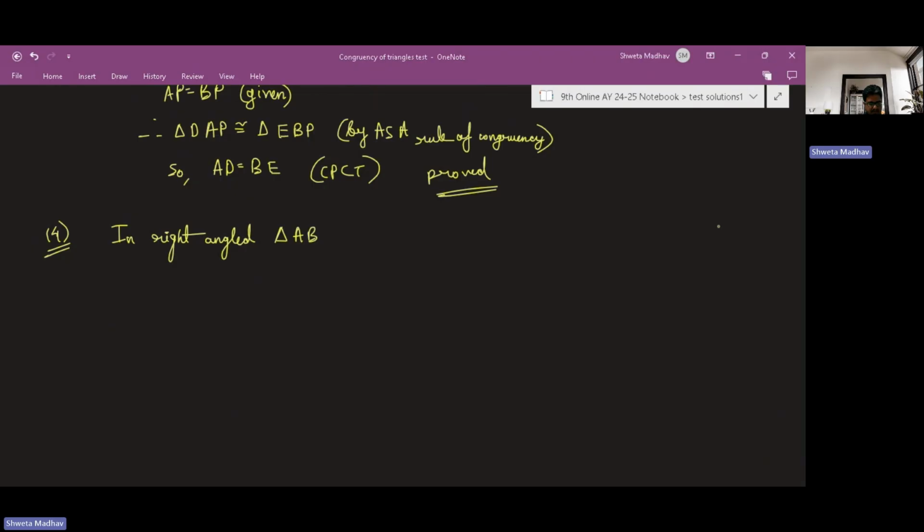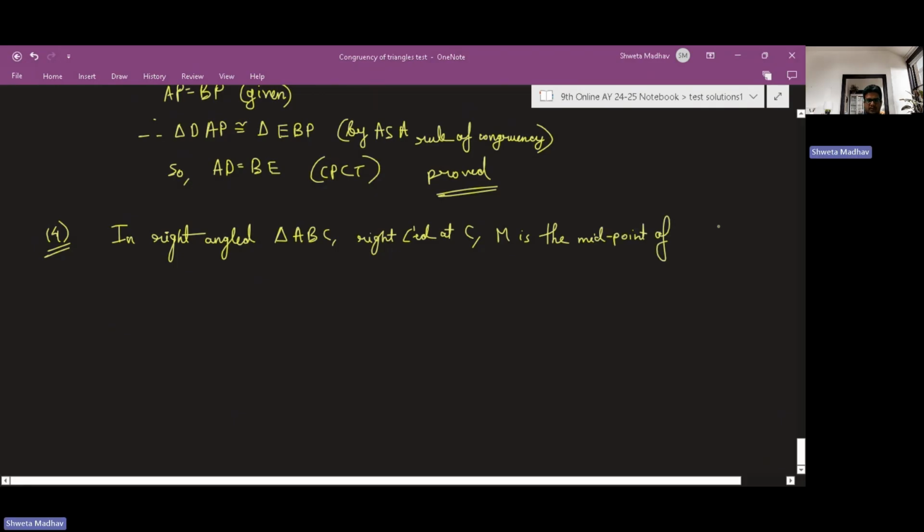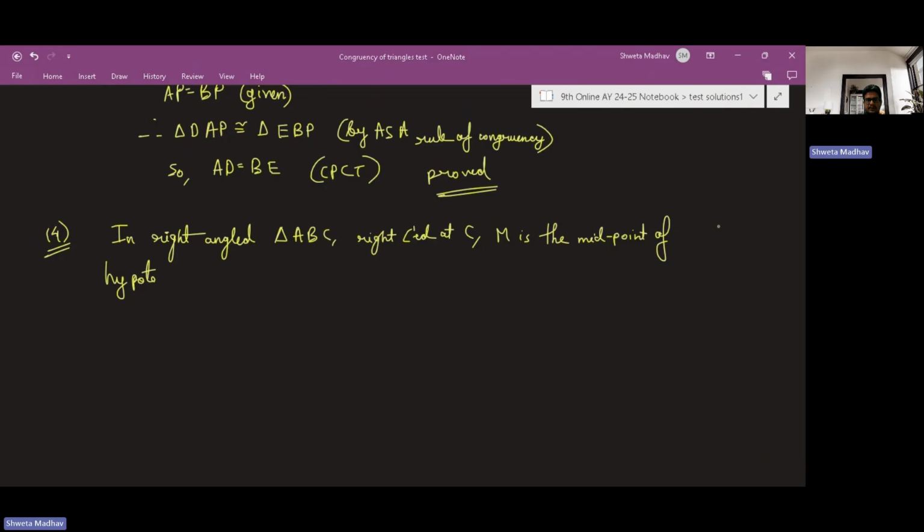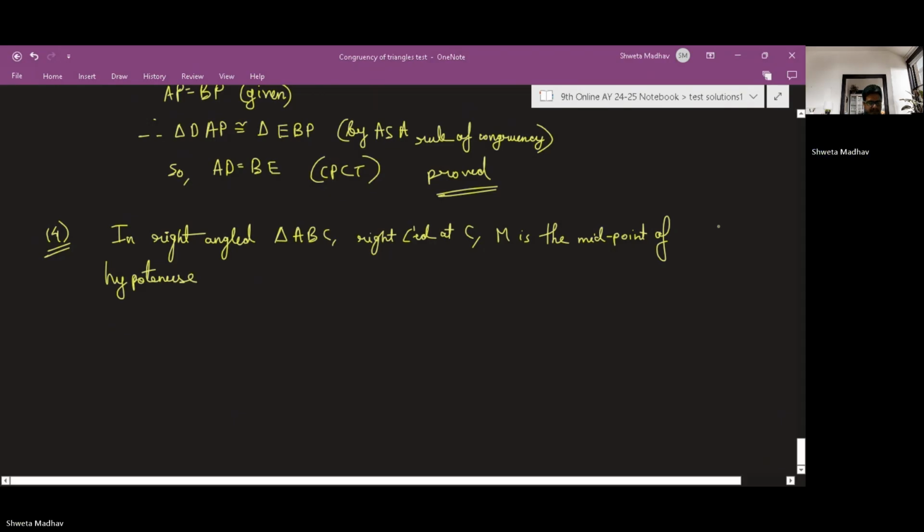Triangle ABC, right angled at C, M is the midpoint of the hypotenuse AB.